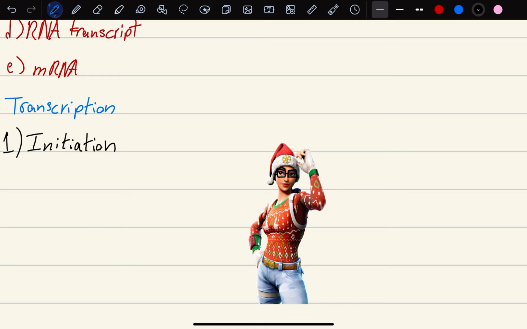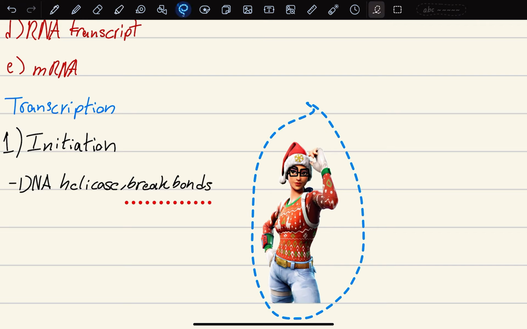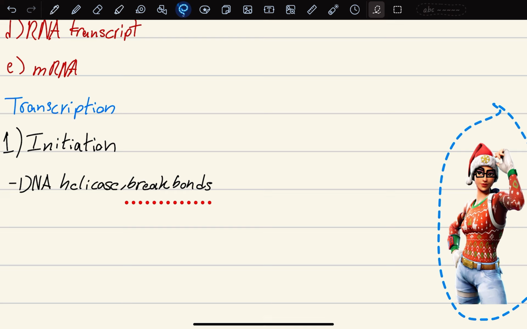In initiation, this is when the DNA helicase breaks those hydrogen bonds and it unzips a strand, and it exposes the template strand. So, helicase breaks bonds. Let's just do that. Actually, we're going to try to draw it here so NogOps can really see and understand what we're talking about.